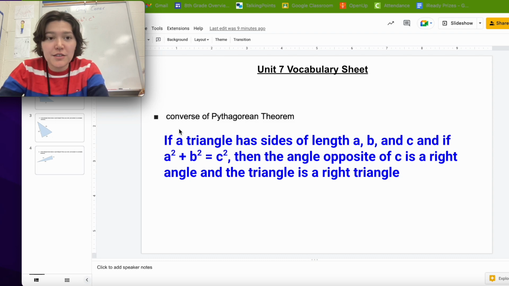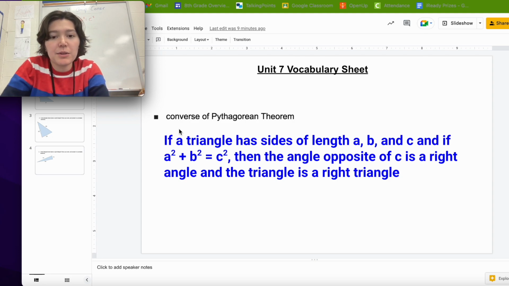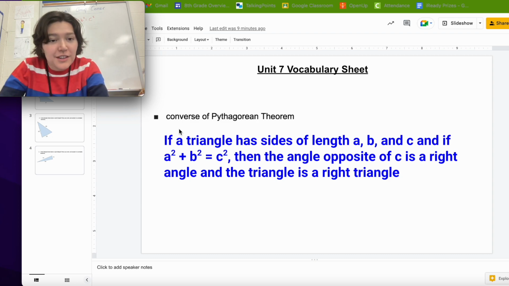The converse means if you flip the Pythagorean theorem around, the flip of the if-then statement. It says that if there's a triangle where the side lengths a, b, and c meet the requirement that a squared plus b squared equals c squared, then the angle opposite of c is a right angle and the triangle is a right triangle.